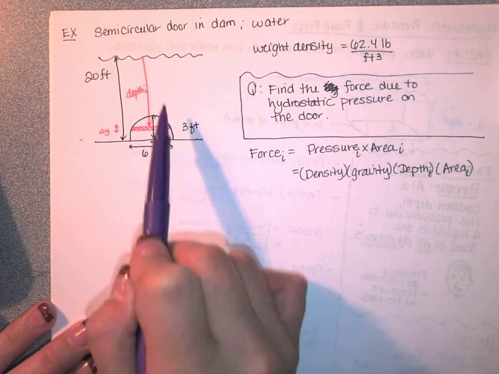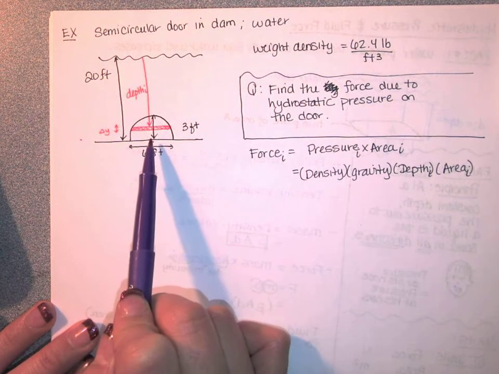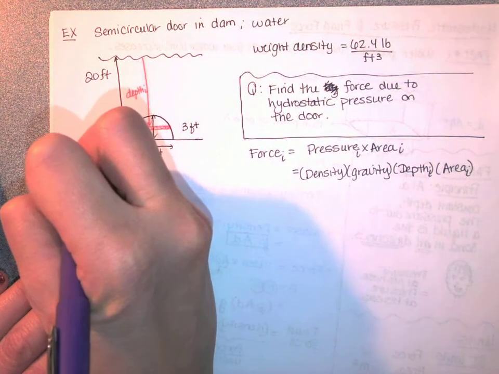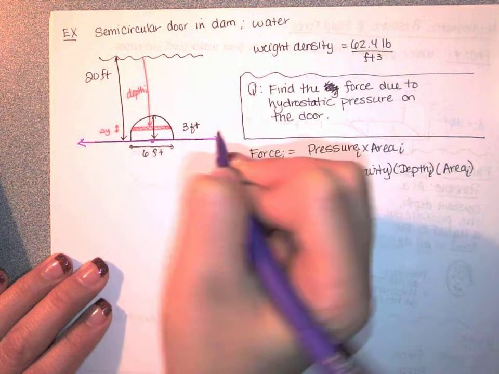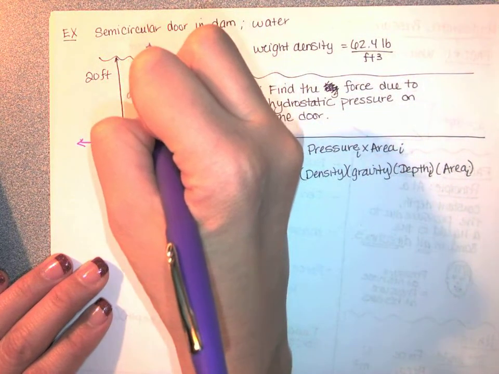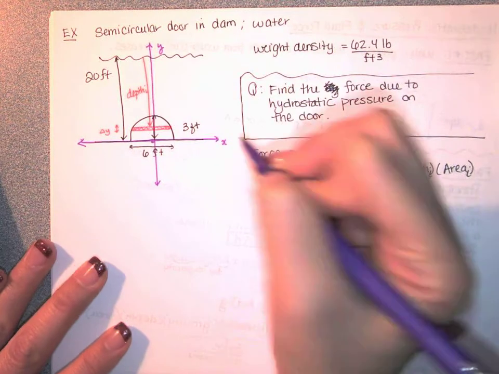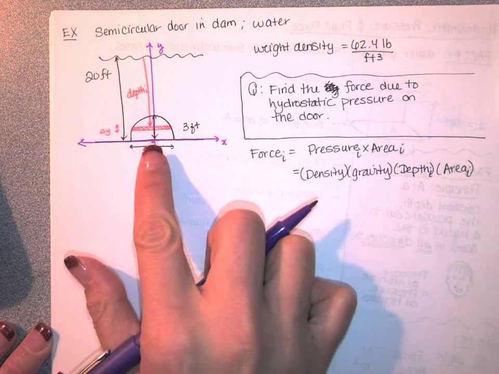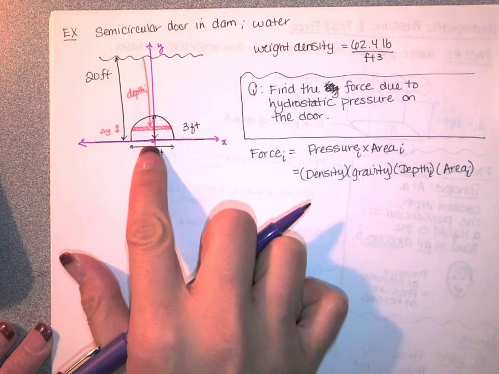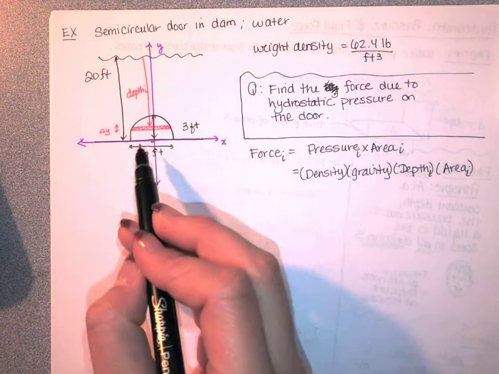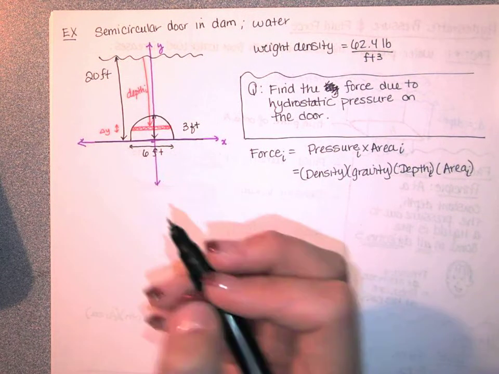This is going to be my x-axis and this is going to be my y-axis, so that the origin is at the center and the bottom of this circle. So here's a coordinate system. I'm superimposing it. You can put your own coordinate system; you don't have to use mine. But putting the origin at the center and at the bottom here is going to make almost all of our equations much easier to find. So we're trying to find the force on this one little rectangular piece.